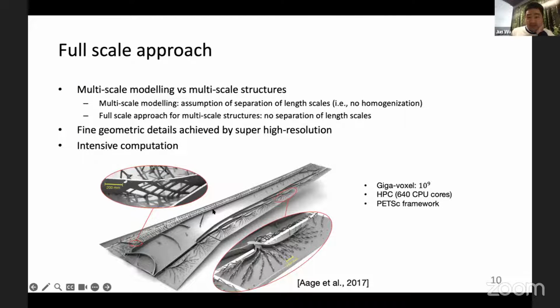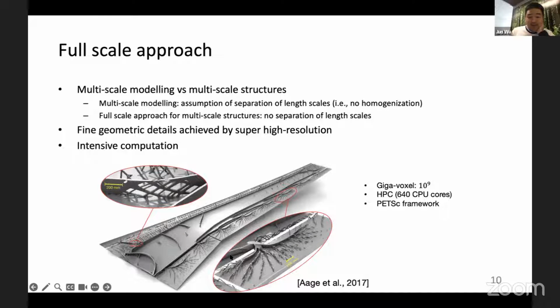Starting from here, if we increase the resolution, for instance, as shown in a paper by Aage in 2017, he optimized the wing structure using 1 billion finite elements solved on a supercomputer with 640 CPU cores.